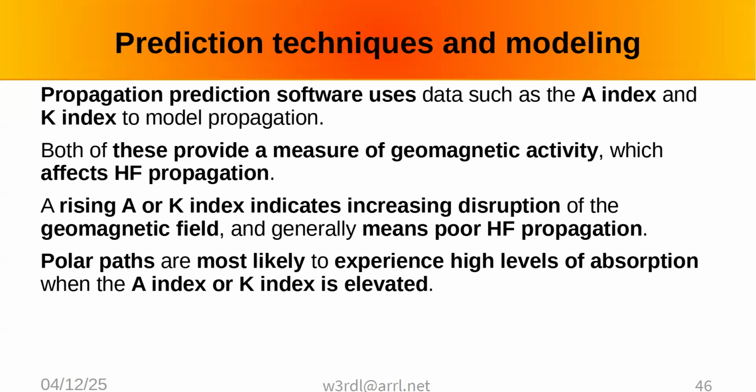Why would the polar path be more effective? I think for the same reason as the, no, I'm trying to remember what it was. That affects the high latitudes because of the stronger magnetic field. So the geomagnetic storm, which is what this is trying to measure, is probably going to have a bigger effect.